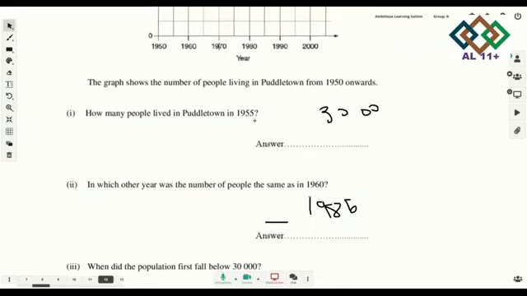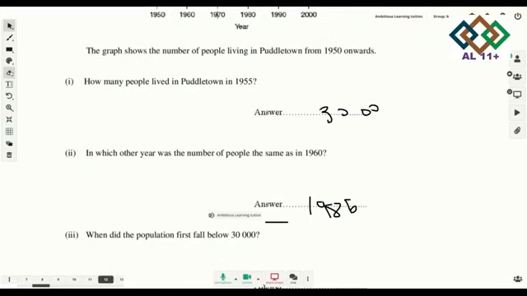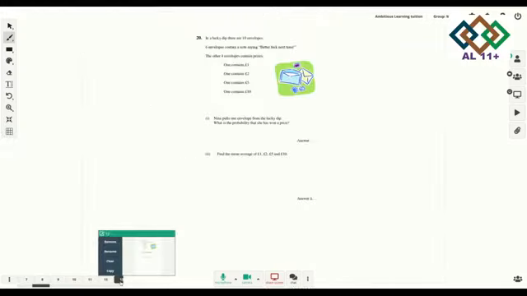So the third one would be between 1955 to 1956. That's the answer. It's between these two basically. So let's move on to number 20 now.